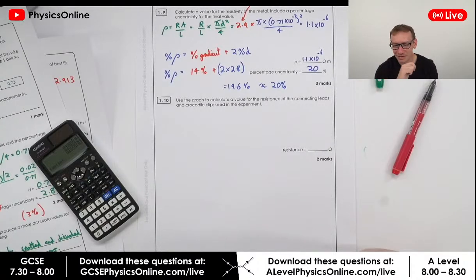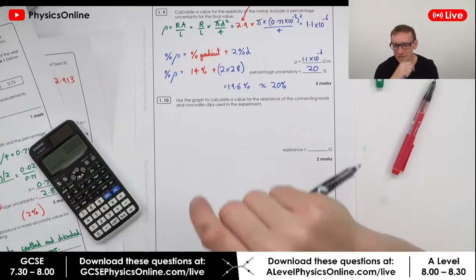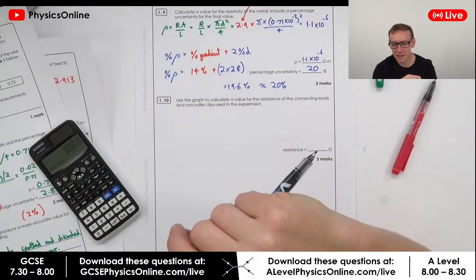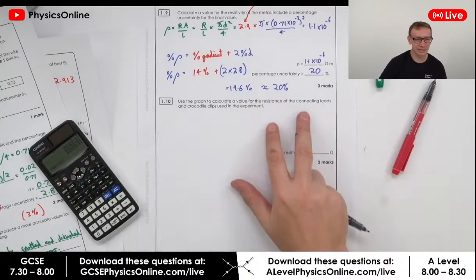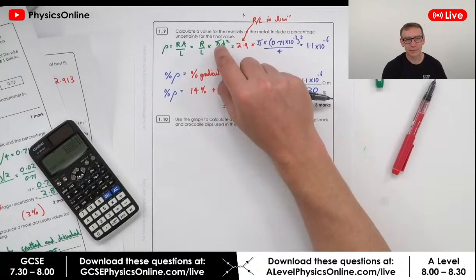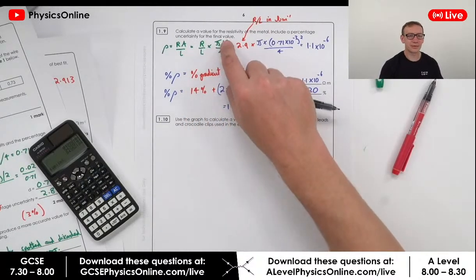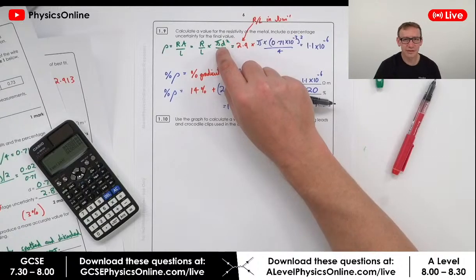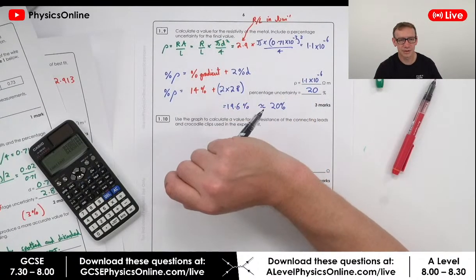Okay, does that make sense? Is it 2 times the uncertainty in D because the diameter is squared? Yes, it is. So we don't work out the area directly, we work out the diameter, or that's what we measure, and then because that's squared, the percentage uncertainty in our value for the diameter is doubled because we've got a squared quantity over here.